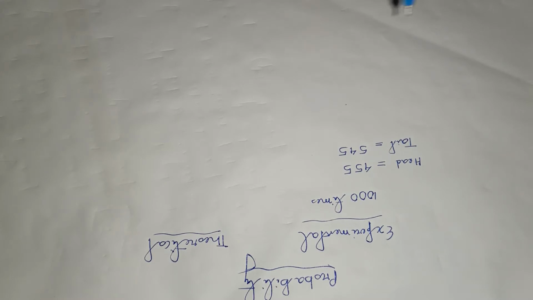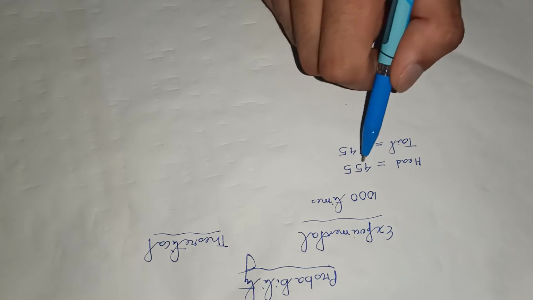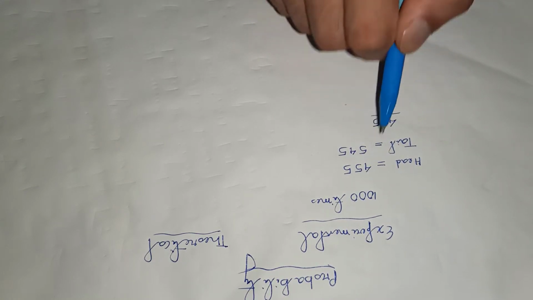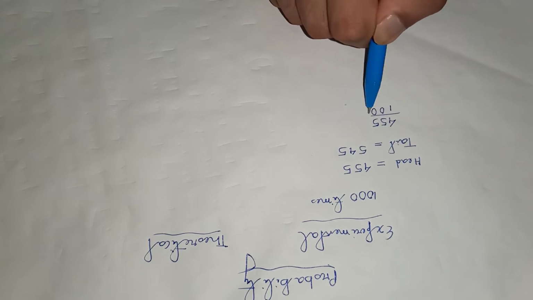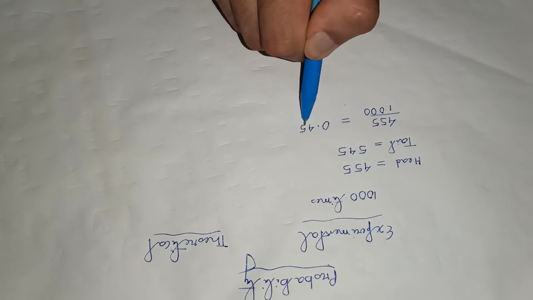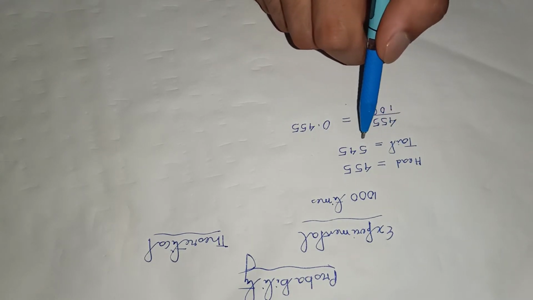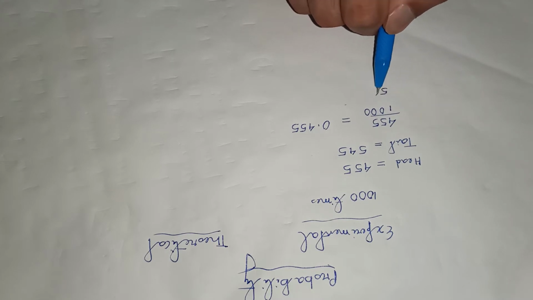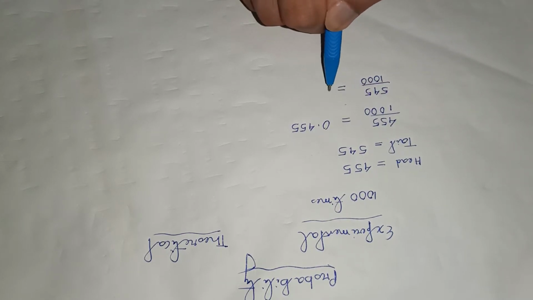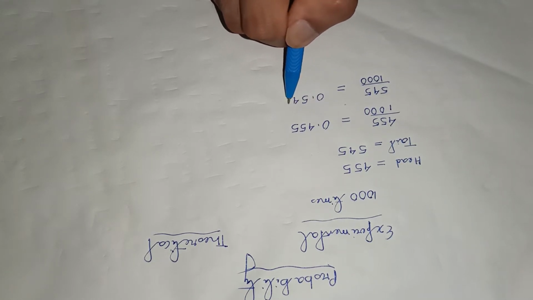Now, based on this experiment, the experimental probability of a head is 455 out of 1000, which comes to be 0.455, and that of getting the tail is 545 out of 1000, which comes out to be 0.545.